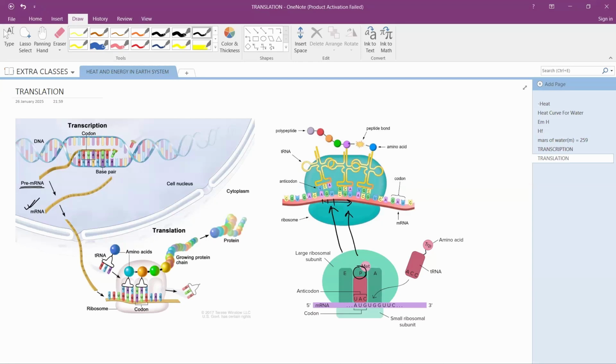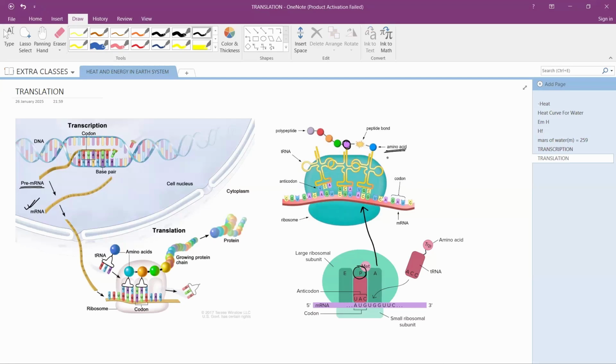At this position, it is already carrying a specific amino acid. First of all, a tRNA comes to this position with its amino acid, and at this position there is already a previous tRNA.